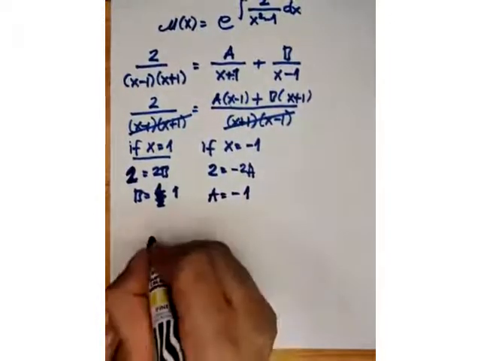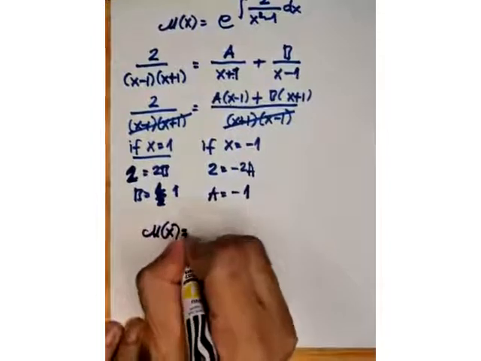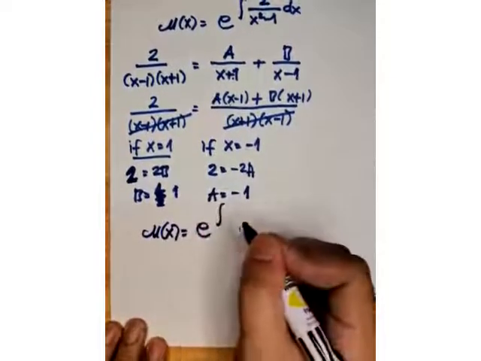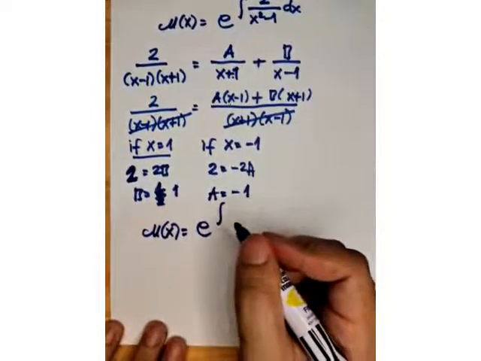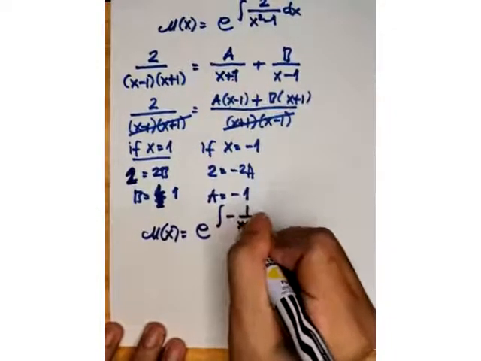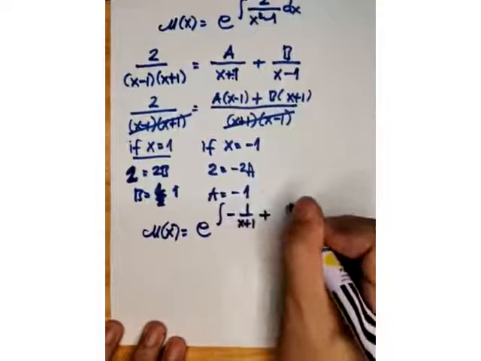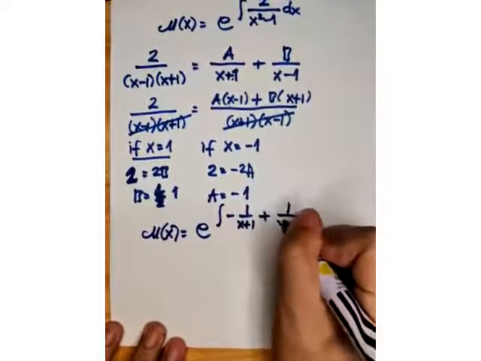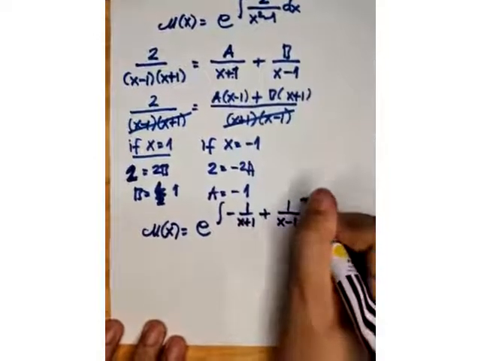So that means our integrating factor is equal to e raised to the integral of negative 1 over x plus 1 plus 1 over x minus 1 dx.